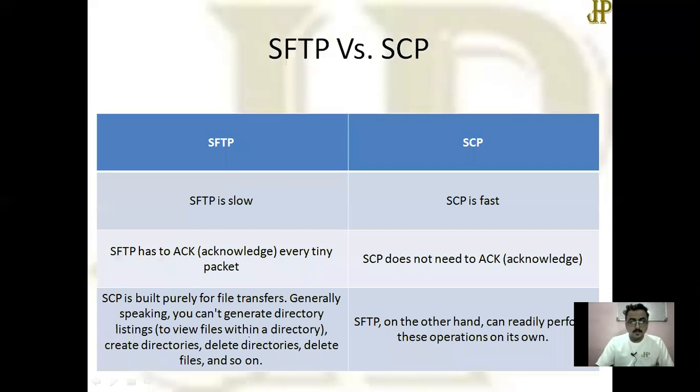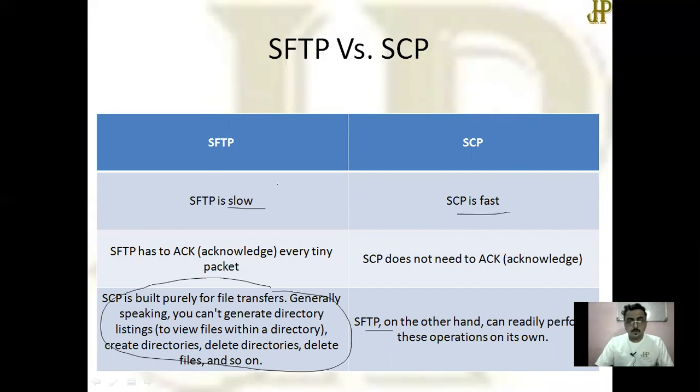Here I have incorporated the point: you cannot generate a directory listing. You cannot see or modify the file or directory, while in SFTP you can do this. SFTP is slow, SCP is fast.